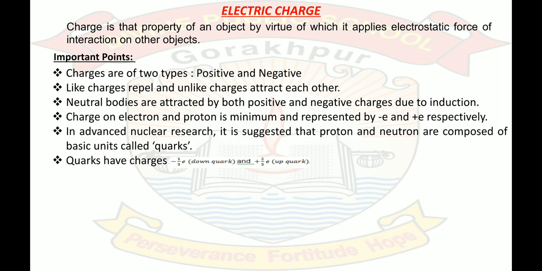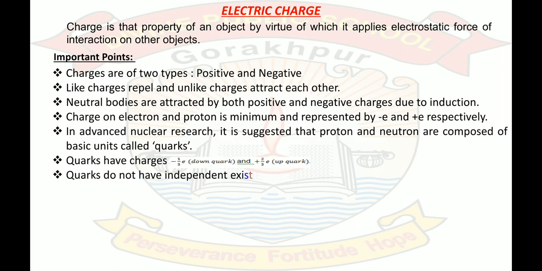And a neutron is composed of 2 down quarks and 1 up quark, DDU. Is it clear? When we add the charges, you will get the charge of proton, and for neutron the total charge becomes 0. Okay, now let us move ahead.